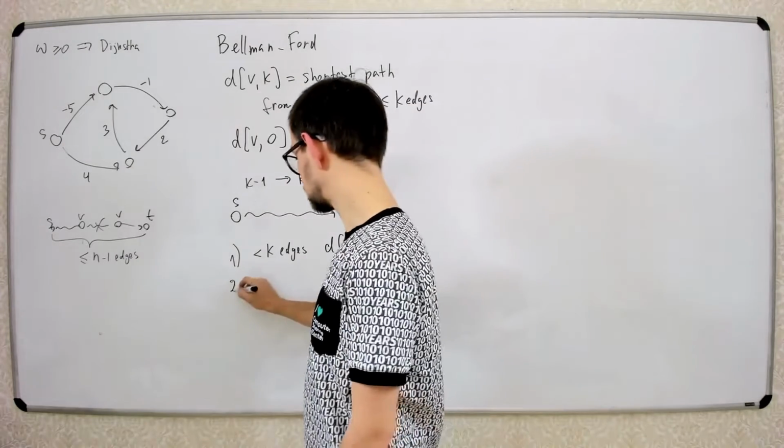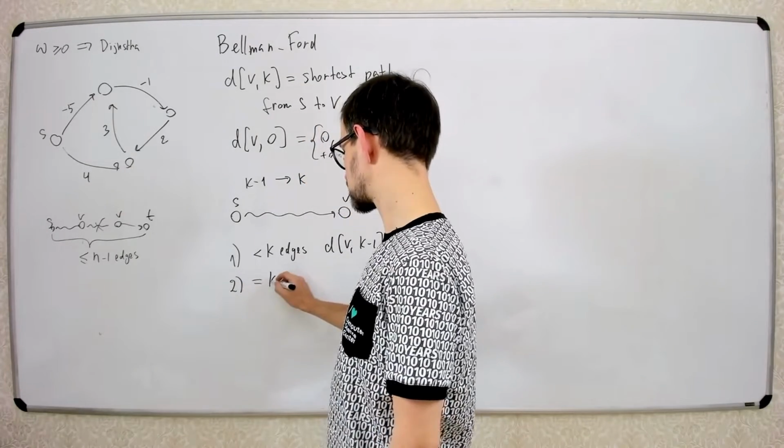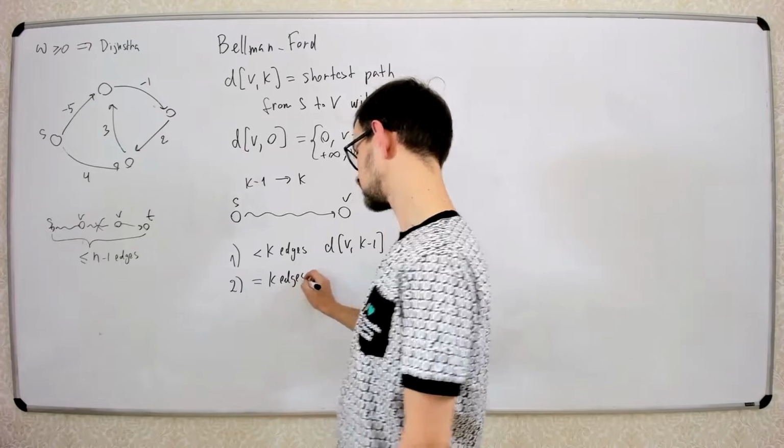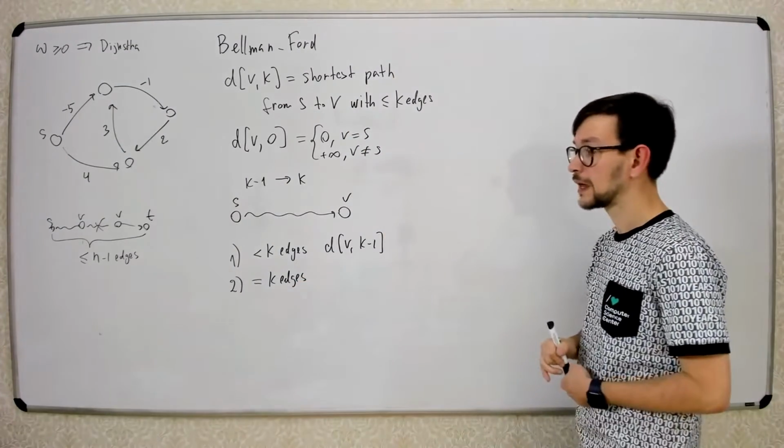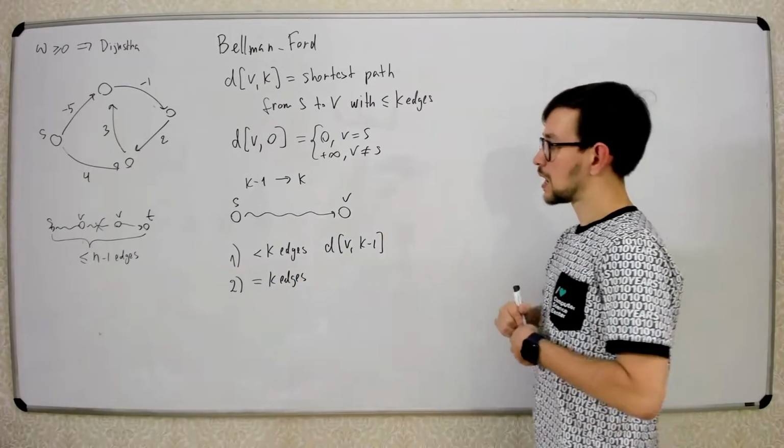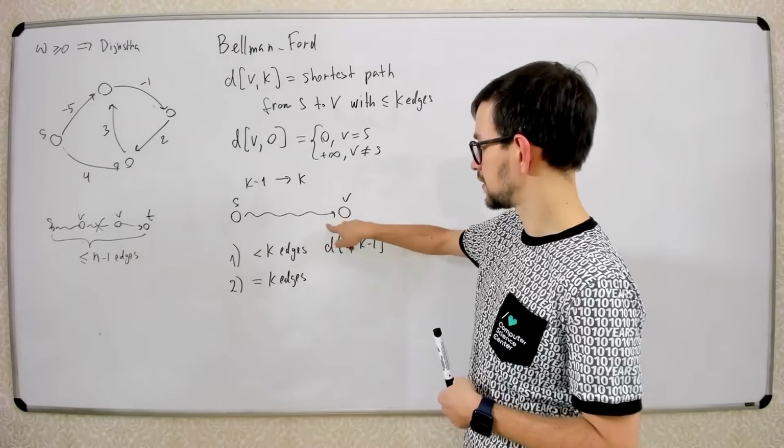Second case, if it contains exactly k edges, then let's look at the previous vertex in this path.